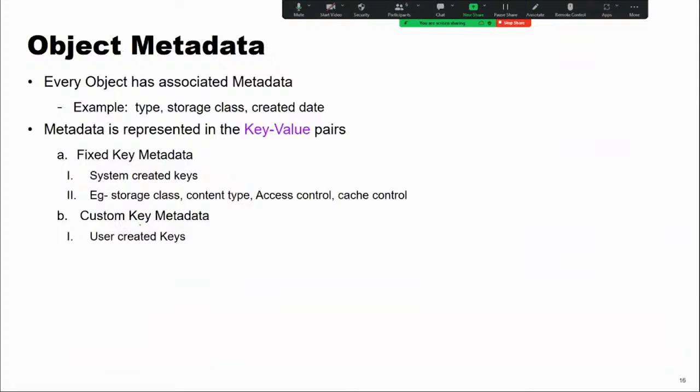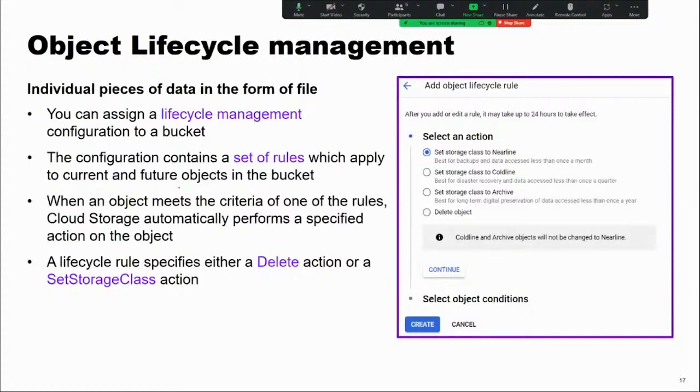There are fixed keys and custom keys. What does that mean? You see here storage class and content type. These are fixed data and cannot be edited, and there is some information which can be edited. And object lifecycle management: yesterday I told you, it is something like you can create a rule.